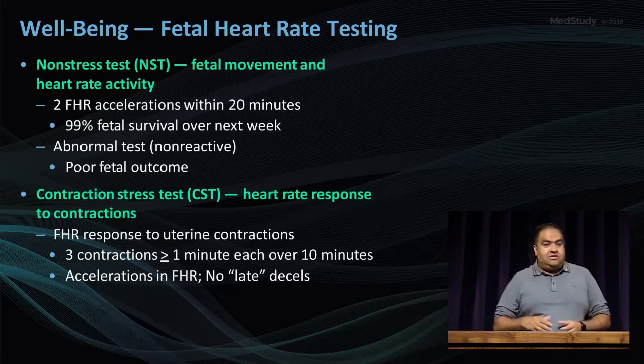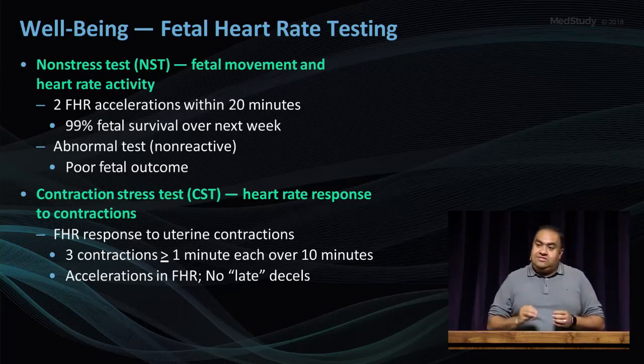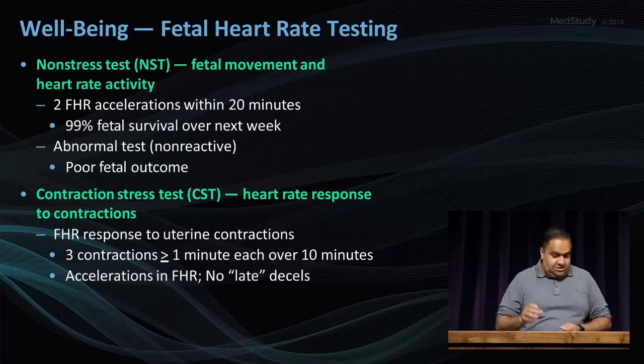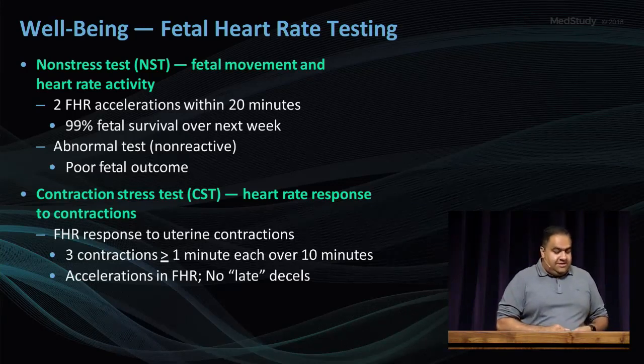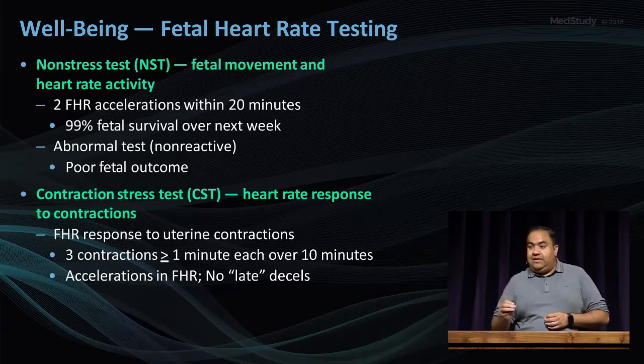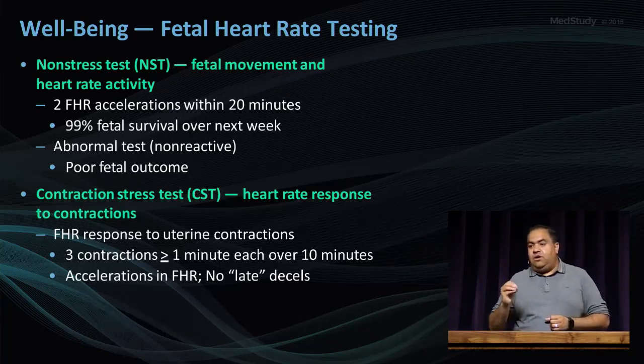It's really to assess if there's any uteroplacental insufficiency. Is the baby going to get in trouble when contractions start? It helps determine tolerance of labor. So the non-stress test is to determine fetal well-being, and the contraction stress test is to see how well the fetus is going to tolerate labor.